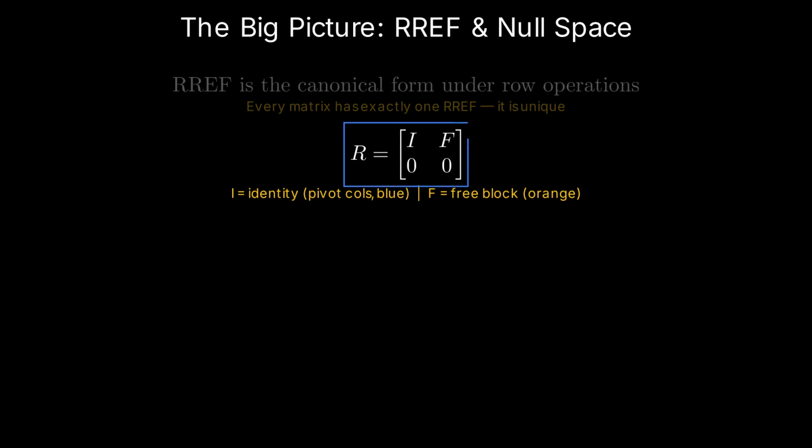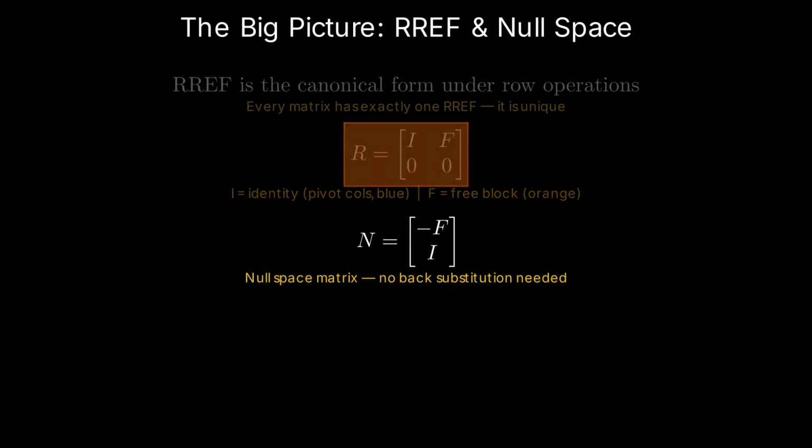The identity block I in the top left and the block F in the top right with zeros filling out the bottom. The identity block I tells you which columns are pivot columns and it reveals the rank of the matrix. The block F tells you exactly how the free variables relate to the pivot variables. And from F we get the null space matrix N equals negative F on top and the identity on the bottom. This formula hands you the special solutions without a single step of back substitution.